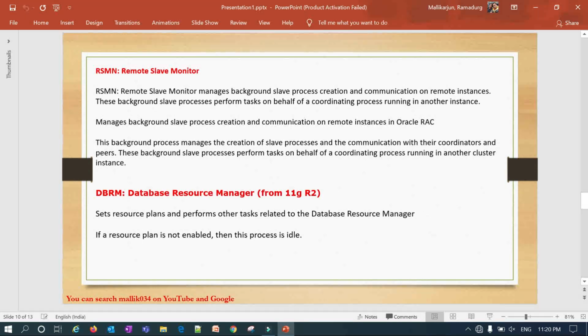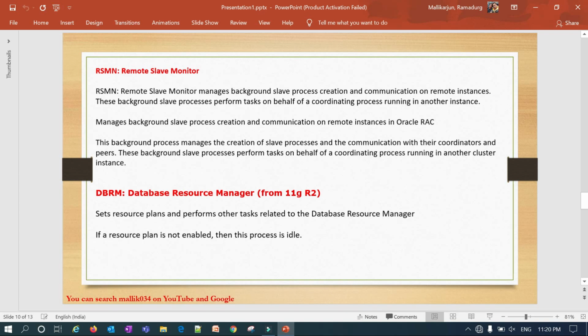Again CPU, IO and memory: I want 80% memory to go to one instance and 20% memory to go to the other instance. You can limit everything, and you can build your own profile, and you can set that profile to particular services or particular instances. So everything can be managed using your database resource manager.